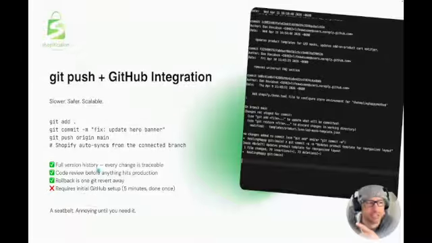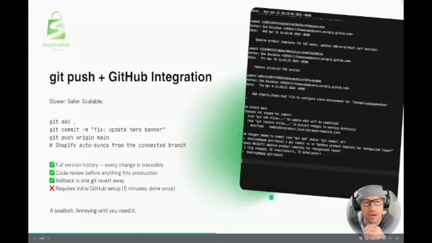Every change is traceable. Code review, everything before it hits production. So you have that opportunity to make sure you're following good code review standards. Rollback is just one git revert away, and the only drawback is the setup, which isn't much of a drawback. So very much recommend that approach.